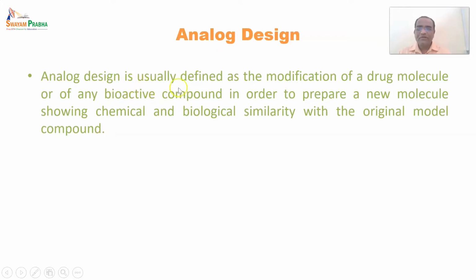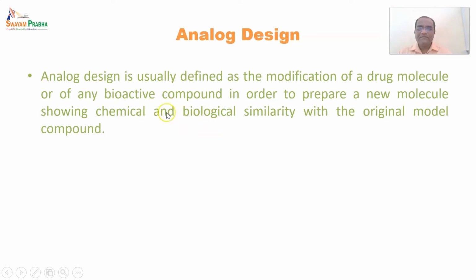So there is one bioactive compound, or we can say a lead compound, and the lead compound is chemically modified a little bit. For example, introduction of a phenyl ring, or a phenyl ring substituted with different halides. Such kinds of modifications are done with bioactive compounds, and the result shows a little bit similar or higher activity than the lead compound, or a little bit lower activity than the lead compound.